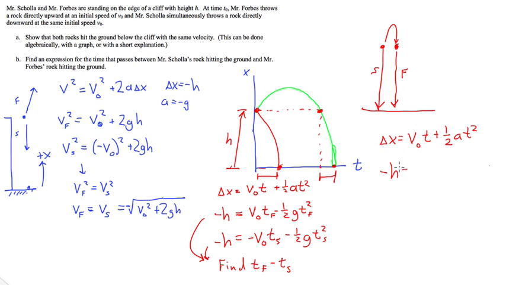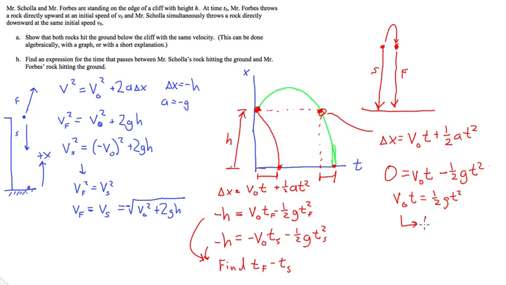Oh, sorry, not negative h, because now we're trying to find the difference between this time and this time, right? So the displacement is 0 equals v naught t minus 1/2 g t squared. So the two solutions to this: v naught t equals 1/2 g t squared. This is telling us how much time it takes the rock to go up and come back down.